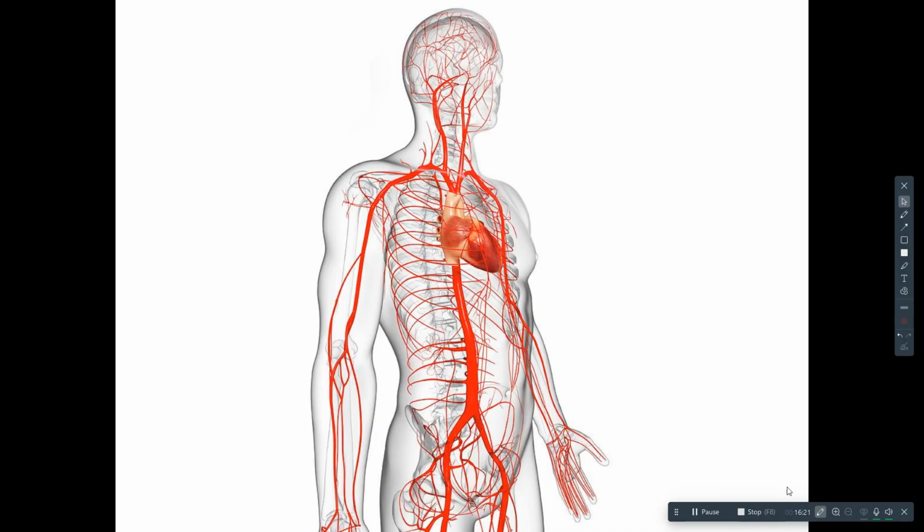In fact, pretty much any artery that is not an elastic one is going to be a muscular artery. So if I'm looking at this picture here, if I take away the aorta and the common iliacs, the brachiocephalic, the common carotids, and the subclavians, everything else on this picture is going to be a muscular artery.